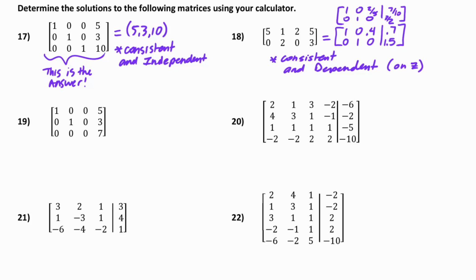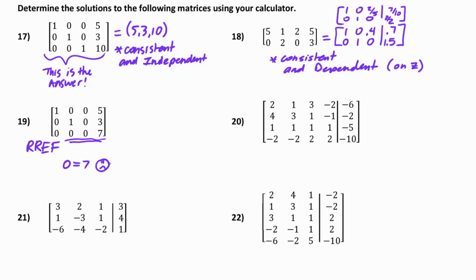Let's try 19. 19 looks like it's pretty close to the answer matrix. This is actually RREF. If we put this into a calculator, it would just spit out the same matrix. But unfortunately, this bottom row, the bottom equation, is saying 0 x's, 0 y's, and 0 z's, so 0 equals 7.